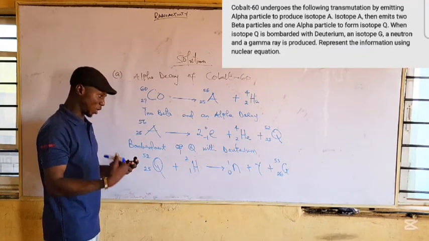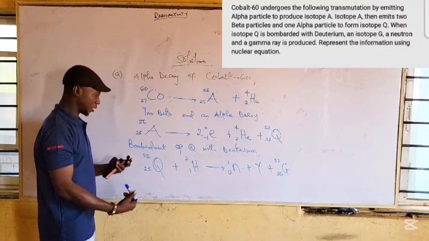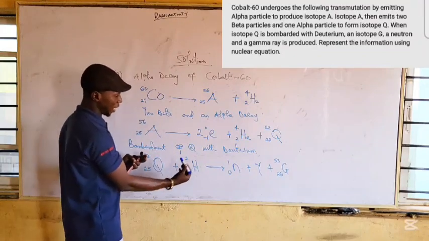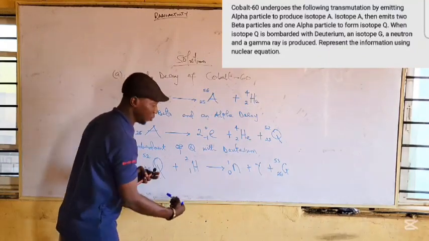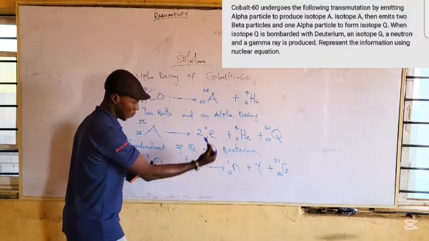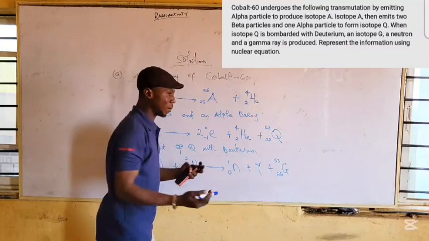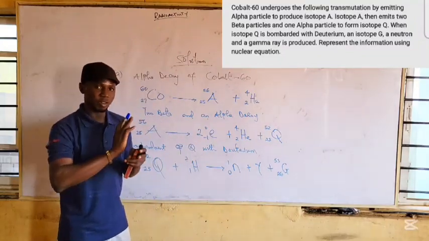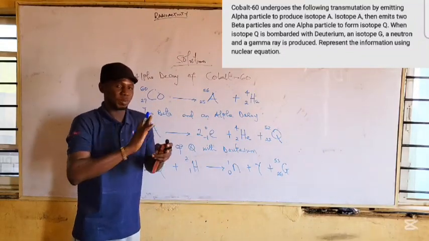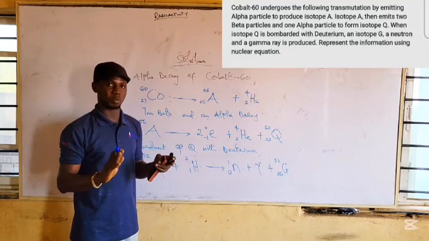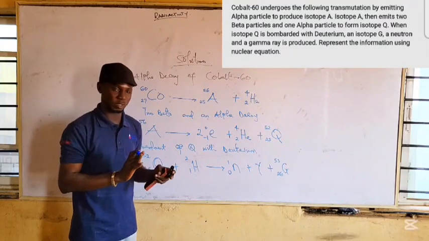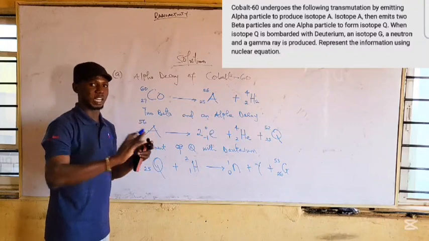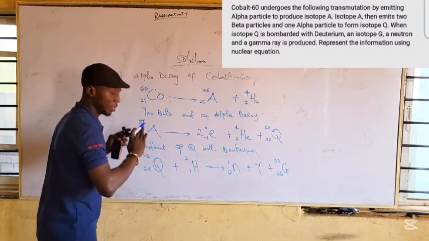But don't forget the question mentioned that we are bombarding with deuterium and emitting neutron and gamma. Gamma is not going to affect the atomic number or the mass number. It is neutral, it doesn't affect mass or atomic number. So it remains the same thing.